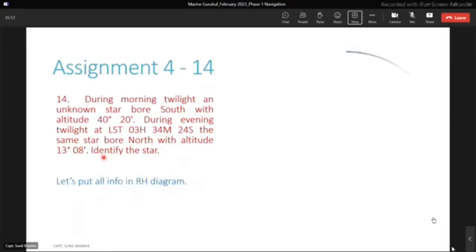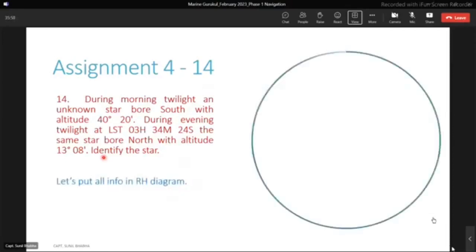We will first make the rational horizon diagram. You make a circle and you show 4 points representing the directions: north, east, south and west. NESW, these 4 points are shown. Now at the center of this circle we have the zenith.